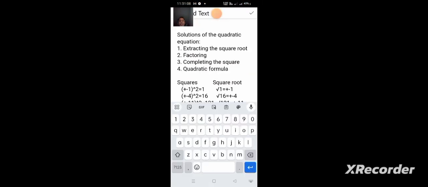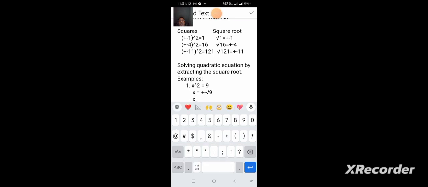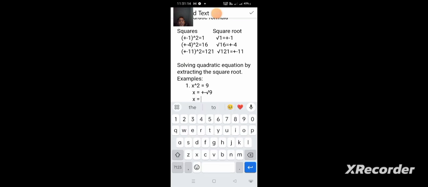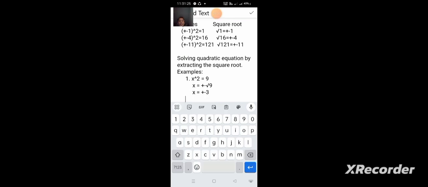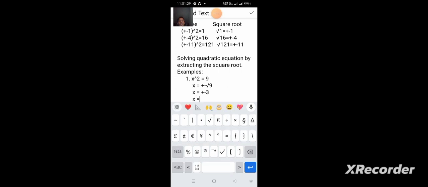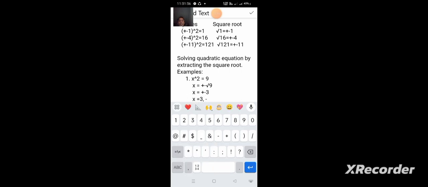So the equation now becomes x is equal to plus minus the square root of 9, and the square root of 9 is 3. Therefore, x has the value of 3 and negative 3.